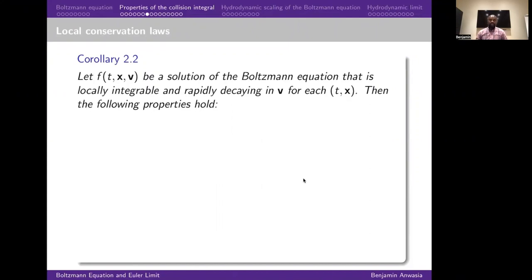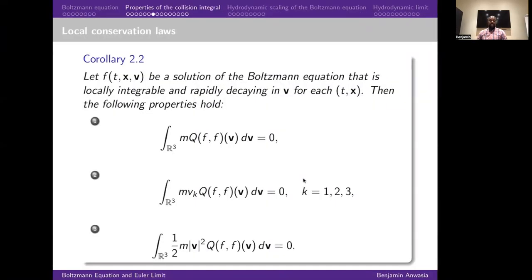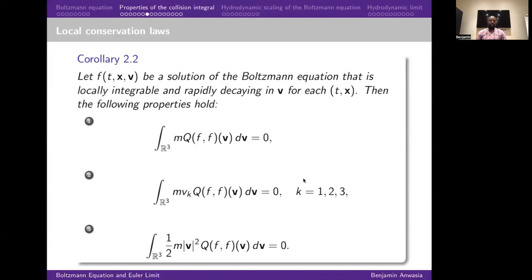Let F be a solution of the Boltzmann equation that is integrable and rapidly decaying in V for each T and X. Then the following properties hold. 1, by multiplying the collision operator by the molecular mass and integrating the resulting expression over all possible values of the velocity variable, one obtains that it vanishes. 2, multiplying the Boltzmann collision operator by components of momentum and integrating over all possible values of the velocity variable, one obtains that it vanishes. 3, by multiplying the collision operator by the kinetic energy and integrating over all possible values of the velocity variable, one obtains that it vanishes.